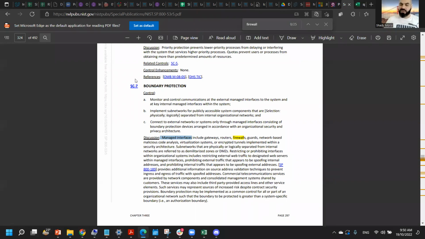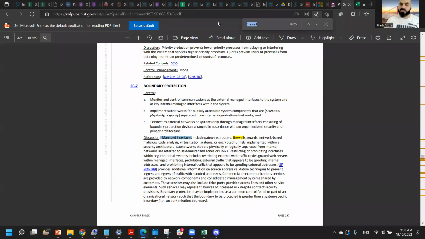You will find a lot of this here, and basically it's saying how you control the traffic between you and the external world, and it's giving you one of the solutions here: a firewall, or guards, or maybe intrusion detection, prevention, and so on and so forth.